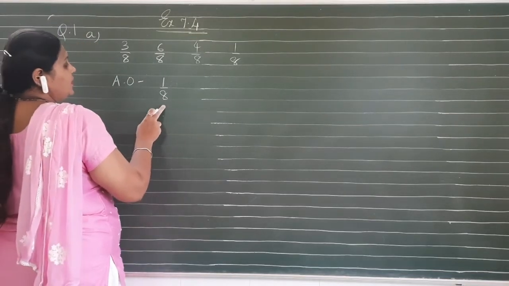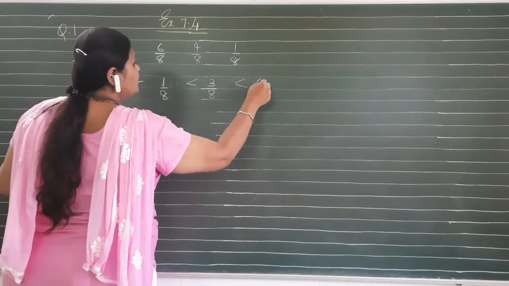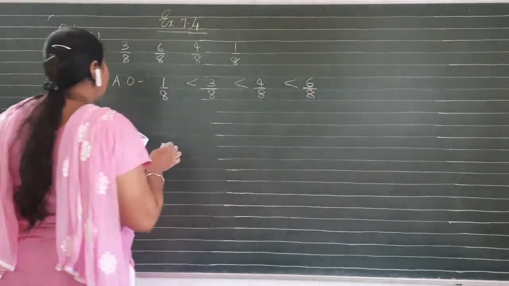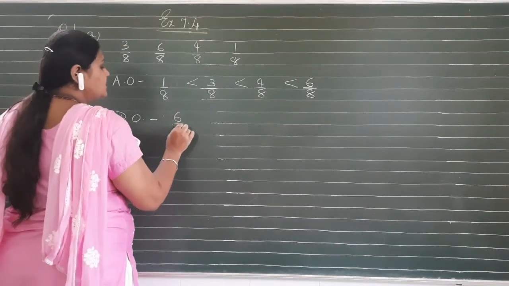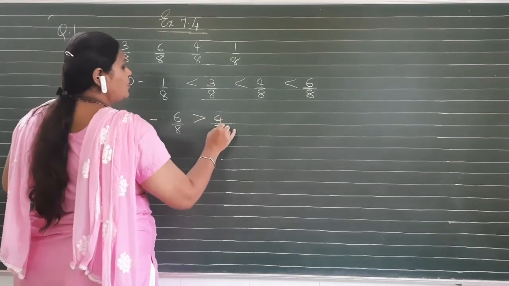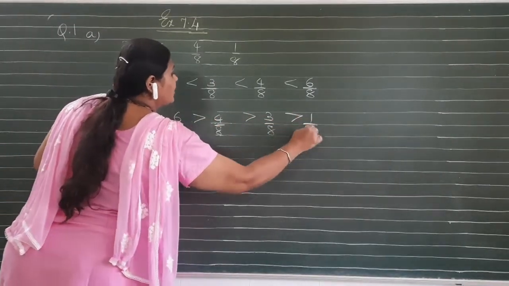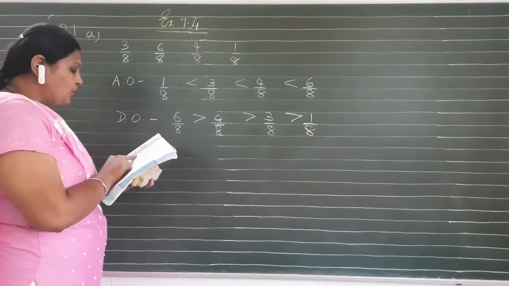So 1 upon 8 is smaller than 3 upon 8, is smaller than 4 upon 8, is smaller than 6 upon 8. Now descending order is the reverse of this. 6 upon 8 is greater than 4 upon 8, is greater than 3 upon 8, is greater than 1 upon 8.